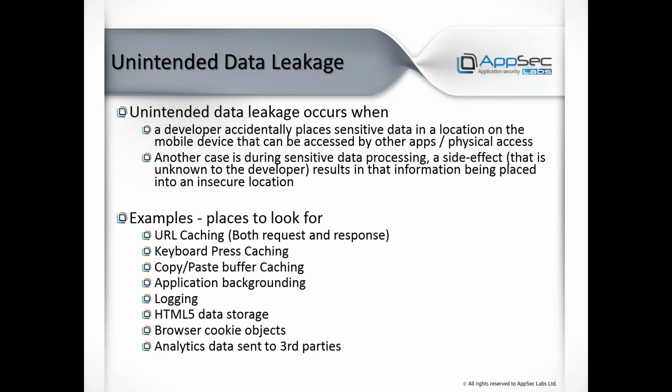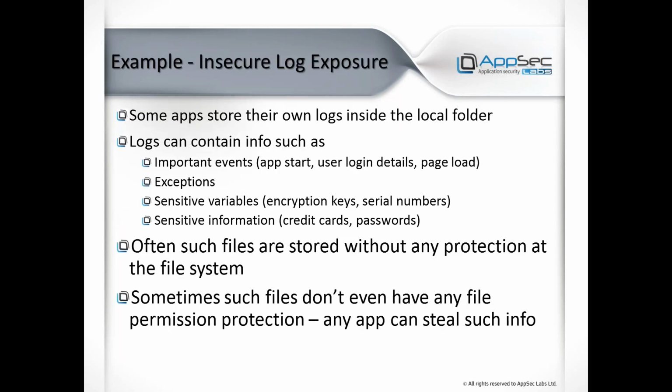backgrounds of the application that might have sensitive information on the screen, logging, and so on. All of those are examples of data that the attacker can abuse. And a real-world example happens most often in logs.